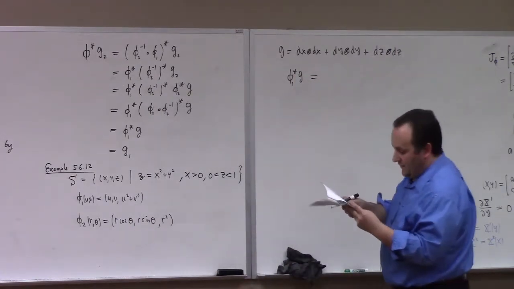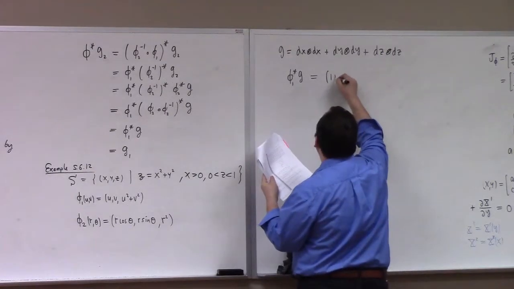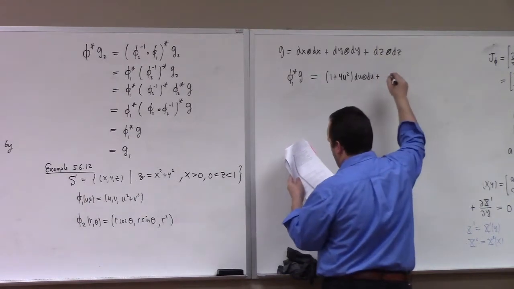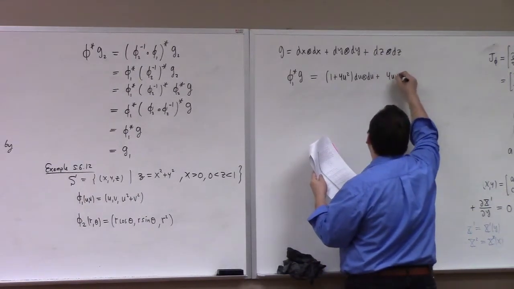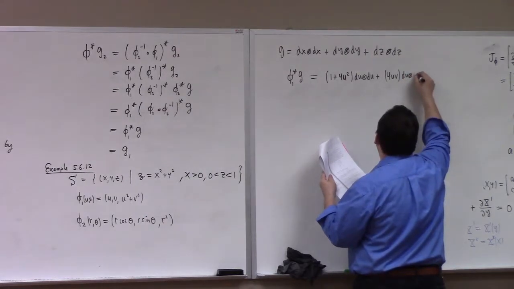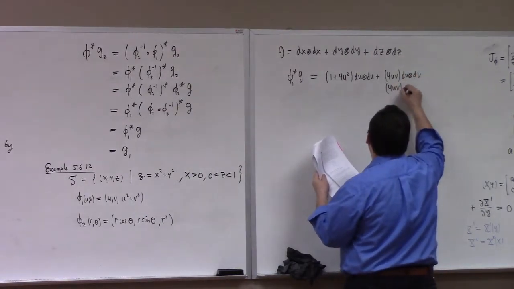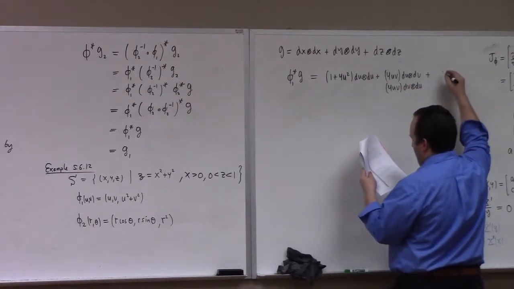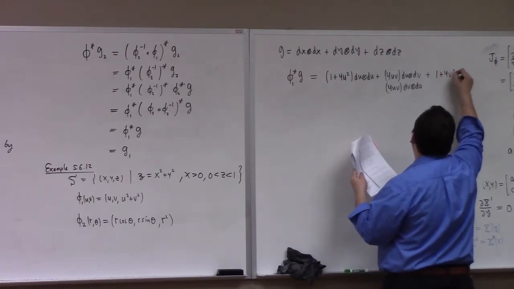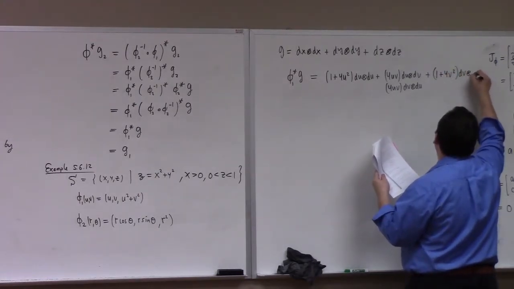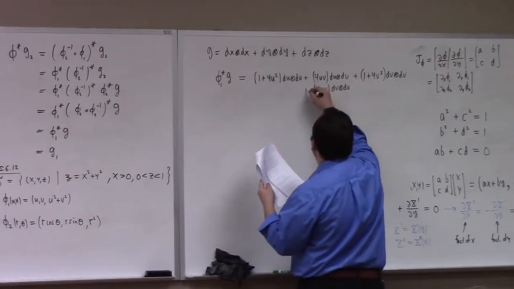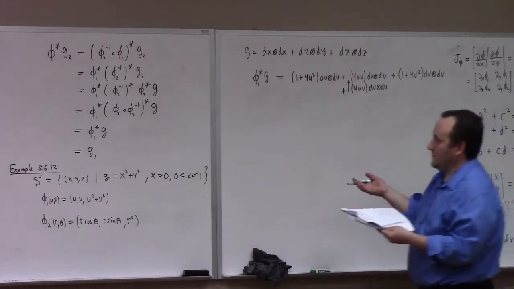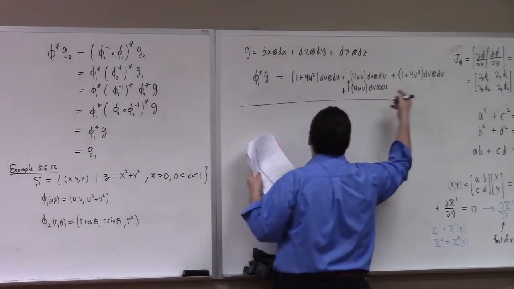Then we got the pullback metric of 1 plus 4u squared du tensor du plus 4uv du tensor dv, 4uv dv tensor du plus 1 plus 4v squared dv tensor dv, right? We talked about this pullback metric before. In fact, we calculated the Christoffel symbols for that one.